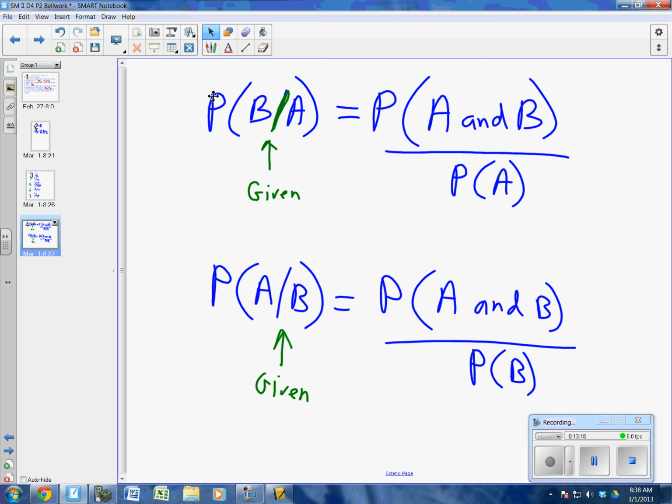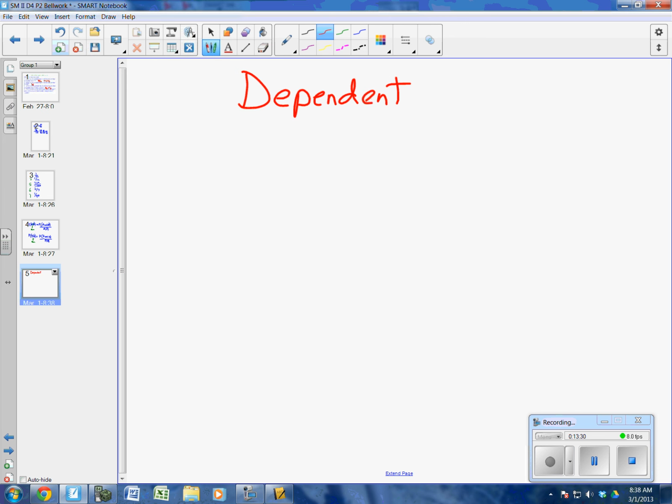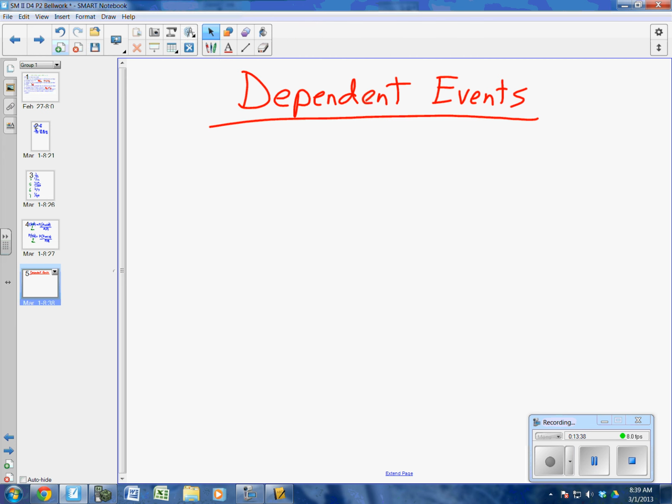Okay. So let me give you an example of dependent events right here. Because we didn't talk about dependent events much the other day. Okay, let's say that you have a group of marbles. These are marbles.